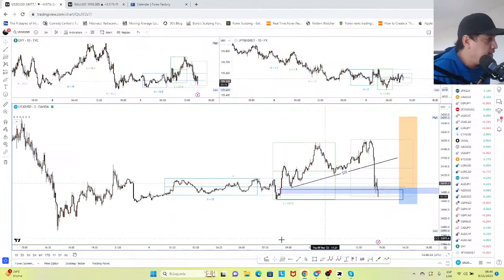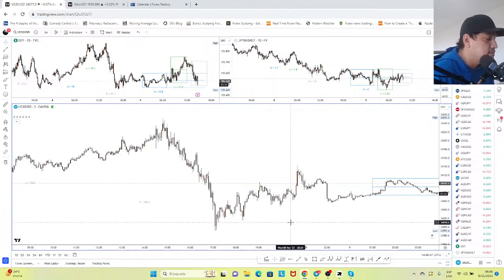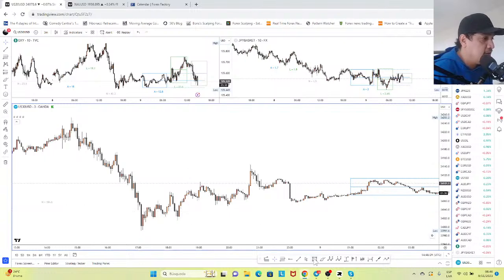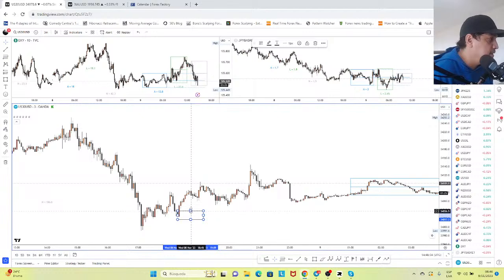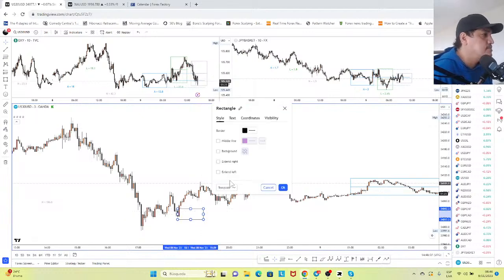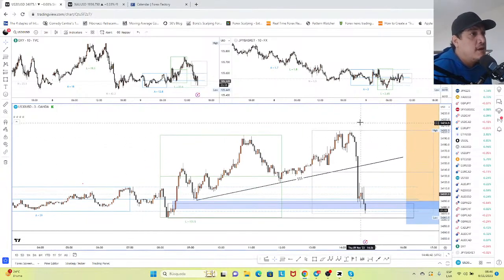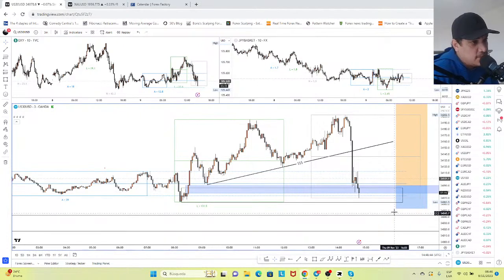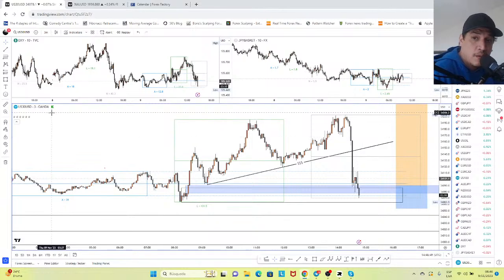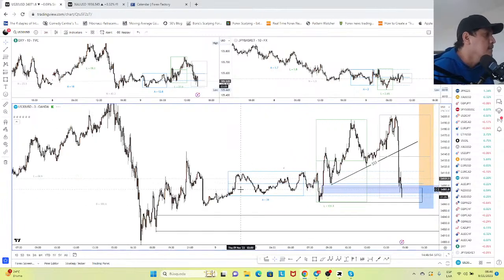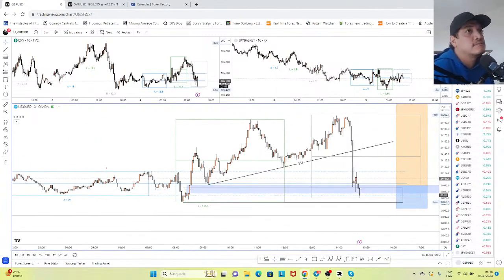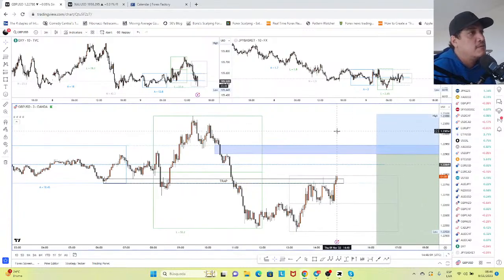If I get stopped out, I reckon I'll try longs a little lower right here. Point of interest. I reckon I'll try this if I get stopped out, right? Should be my trade for the day.